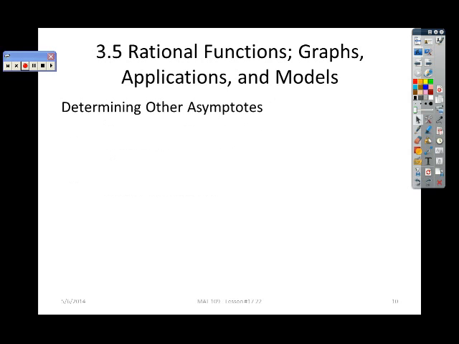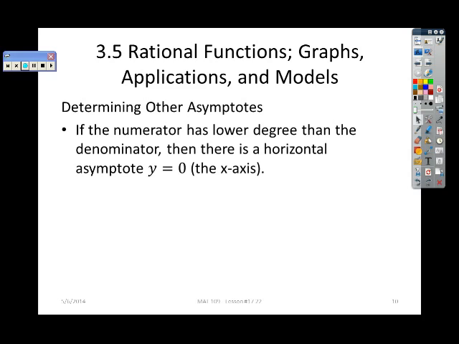Other asymptotes, you have to go through a process. The process is to look at the polynomial in the numerator and look at the polynomial in the denominator. Look at that highest degree term. If the degree of the denominator polynomial is larger than the degree of the numerator polynomial, then there's a horizontal asymptote at y equals 0.